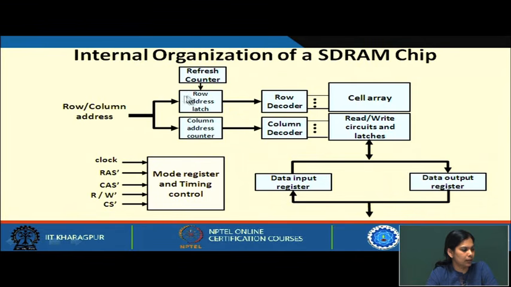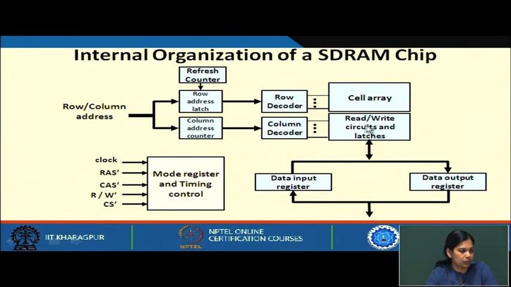Once we apply a row address, it goes to the row decoder and a particular cell gets selected. But here you see we have a column address counter. So, instead of a column address latch, there is a counter which will be used to count to the next column for faster access.